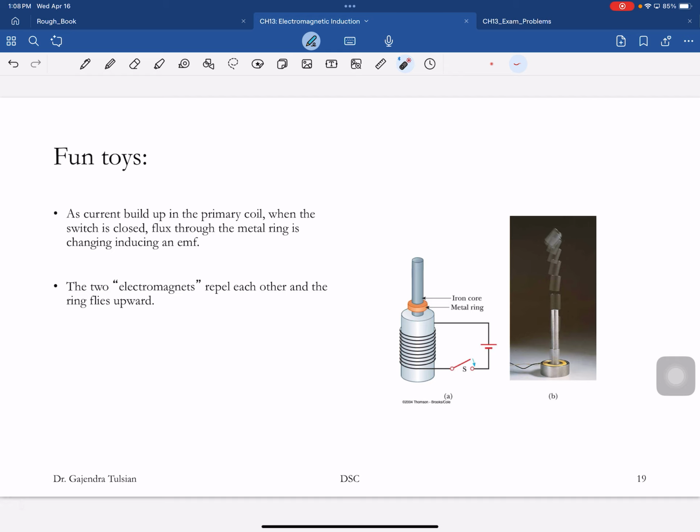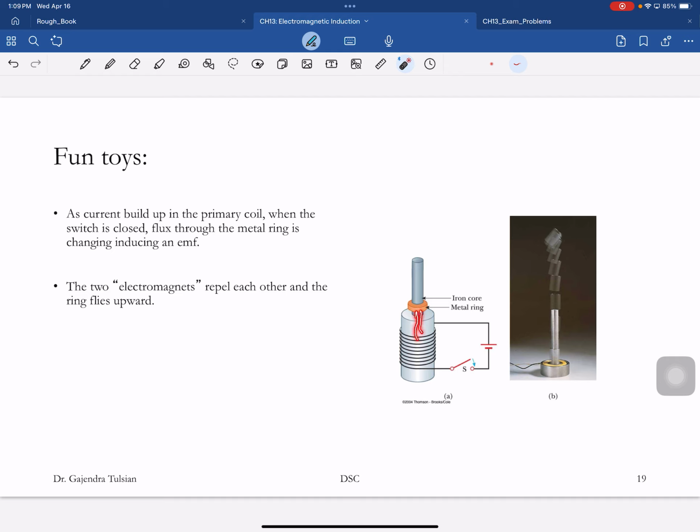Now here are some fun applications. What this is showing you is a coil connected to a battery. When you close the switch, you have a current passing through it, which generates a magnetic field. Before the current was going, the magnetic field was zero. And here's just a metal ring.